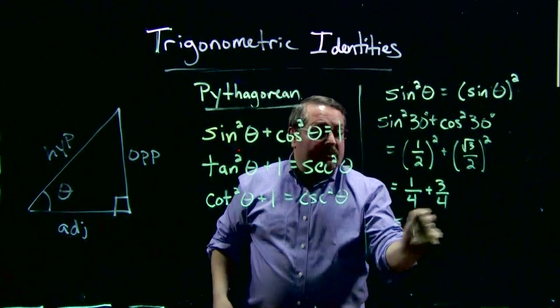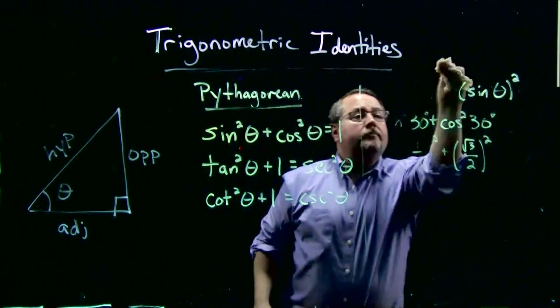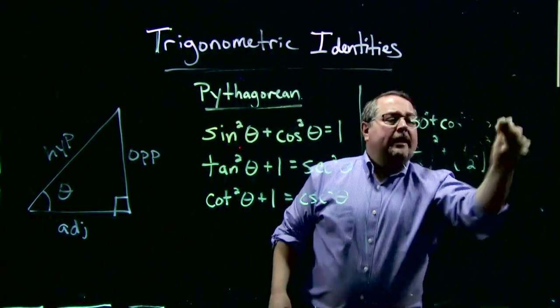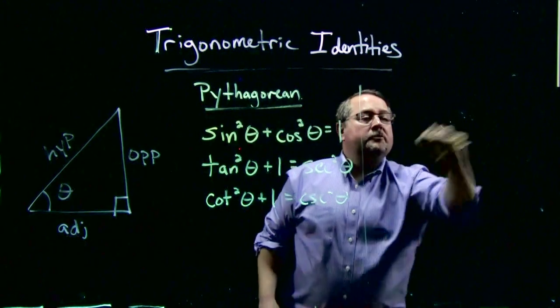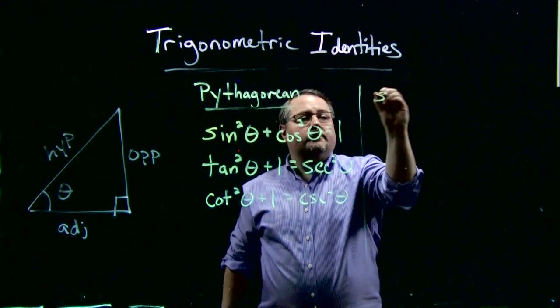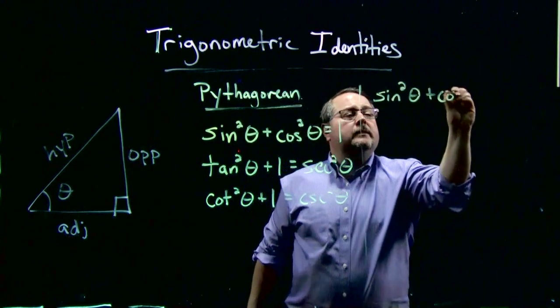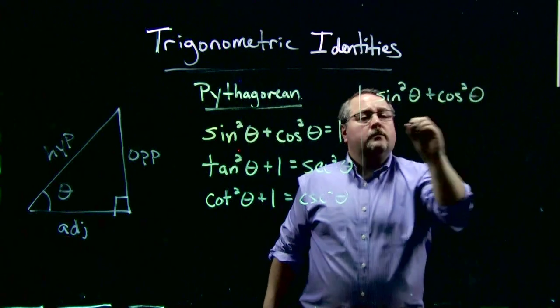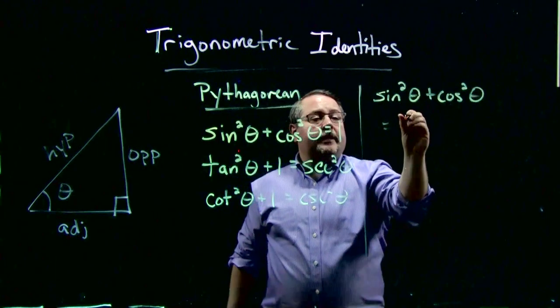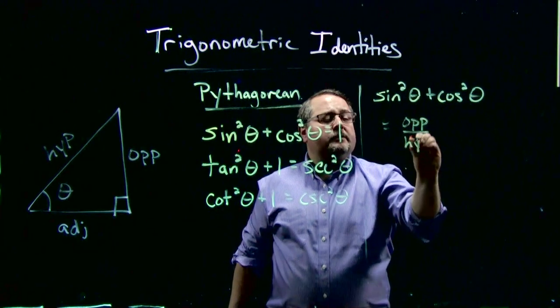Okay, this is true in general, and we can prove this for a right triangle by just using our trig ratios. Okay, so if we do sine squared theta plus cosine squared theta, so sine theta, again, is opposite over hypotenuse.